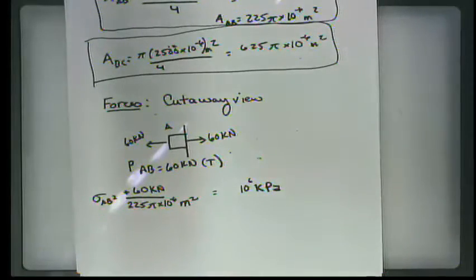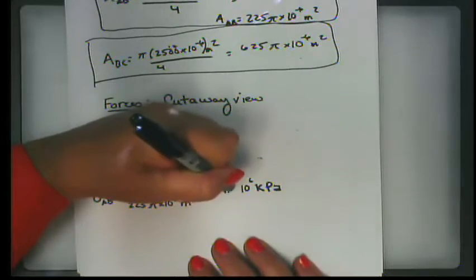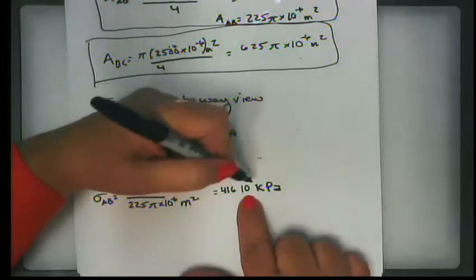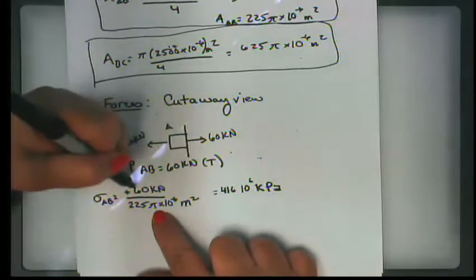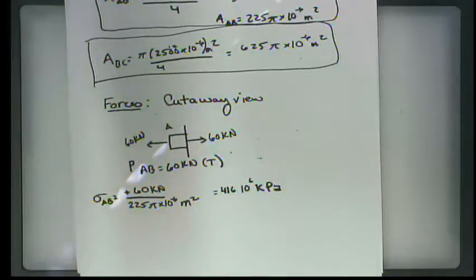And if you have a calculator, you don't have to mess with the numbers like this. I'm just doing it because, I can't even justify why I'm doing it. So 60 divided by 225 divided by pi is 416, that's not right. Let me reduce again.